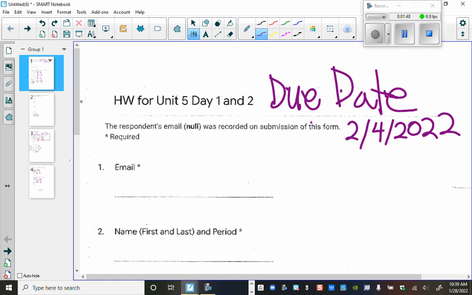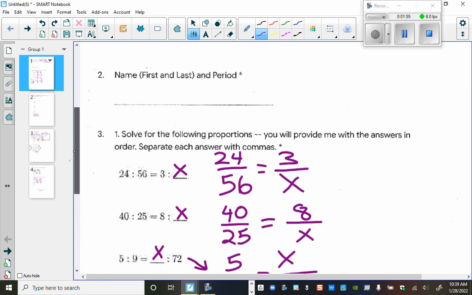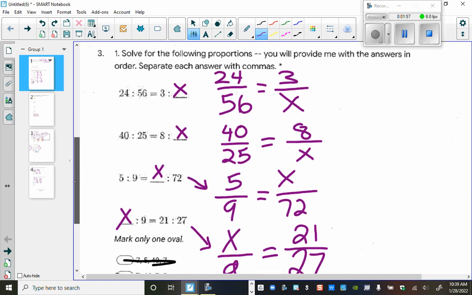So basically, on the first page, you're going to rewrite these proportions in fraction form. Whenever we see the colon form, the first number is always the top, or numerator, second denominator.